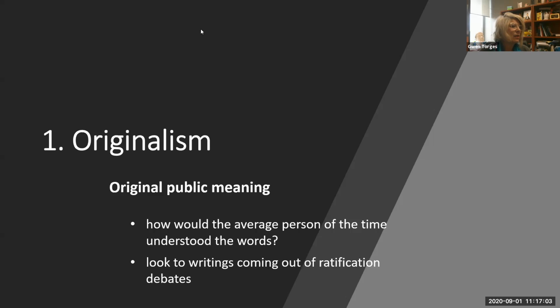And some judges would say, okay, that's fine, it's not workable, but it's not our job to change it. We'll go ahead and interpret it in this way that we think is historically accurate. And then if that's unworkable, it's the job of elected legislatures to make that change.